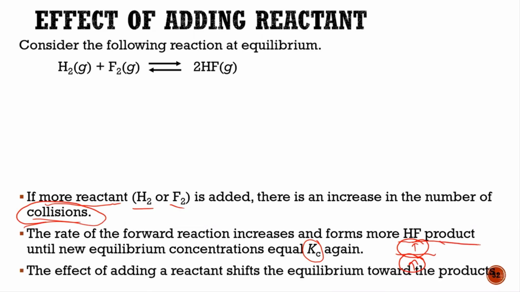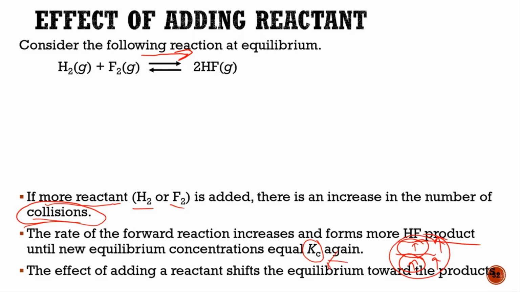So the effect of adding a reactant shifts the equilibrium, what's called, to the right. The reason there's a shift to the right is because I need to make more products to reestablish this constant. If my denominator goes up, I need to make more product so that it equals what it originally equaled.